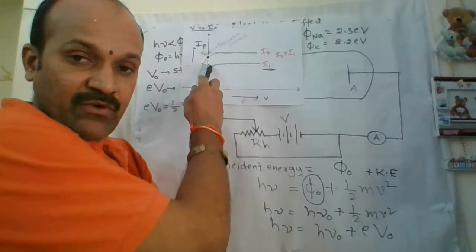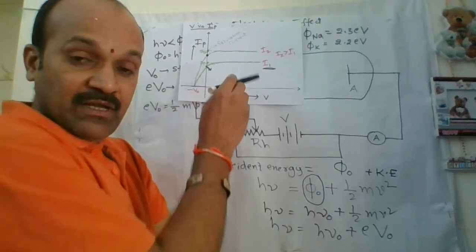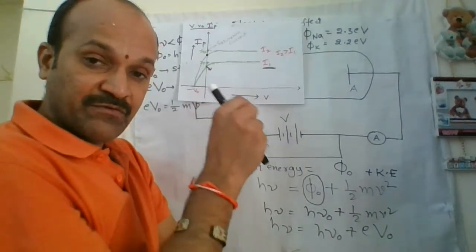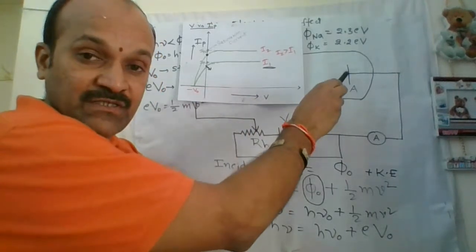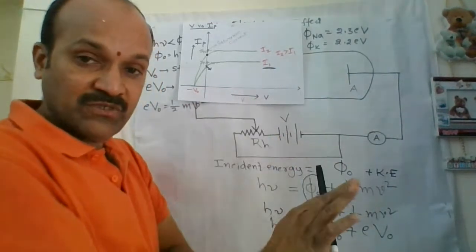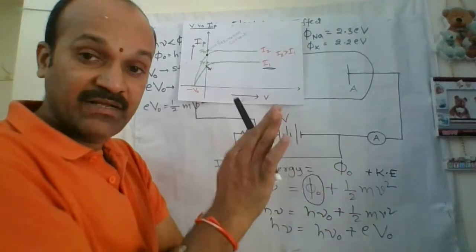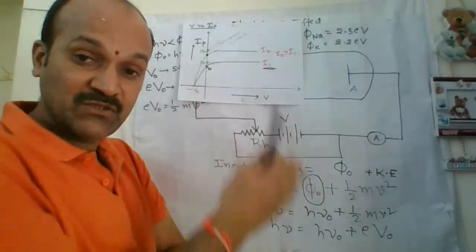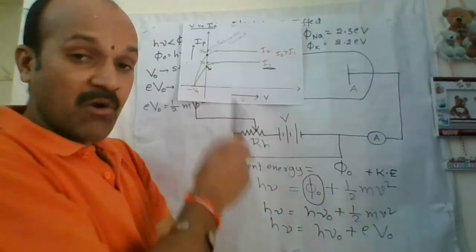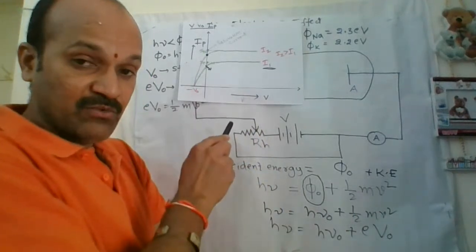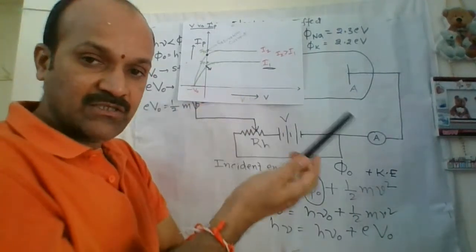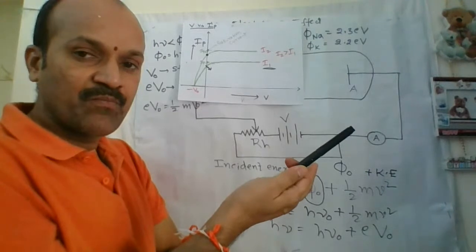Clear? Now if you apply retarding potential, the electrons which have sufficient energy to reach this electrode also get opposed, and they will not reach over there, they will be stopped. They will be stopped at a particular value. They are stopped in the sense current becomes zero.